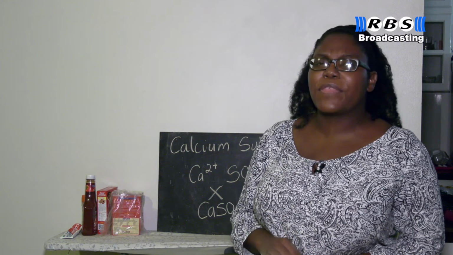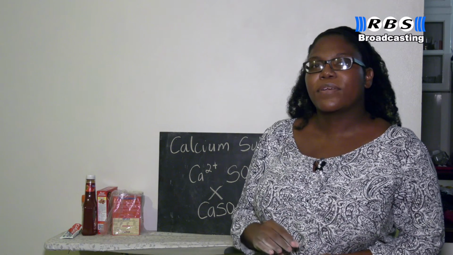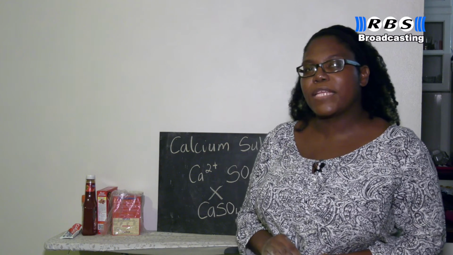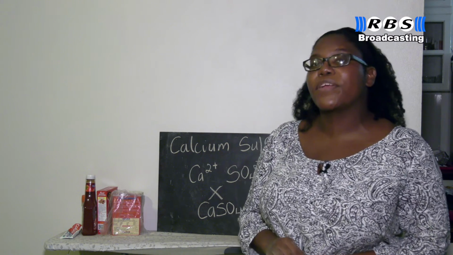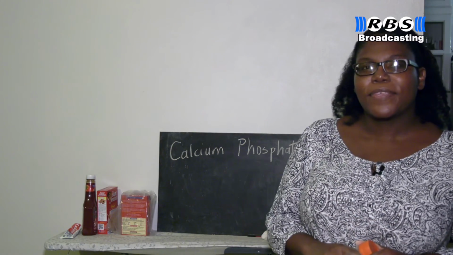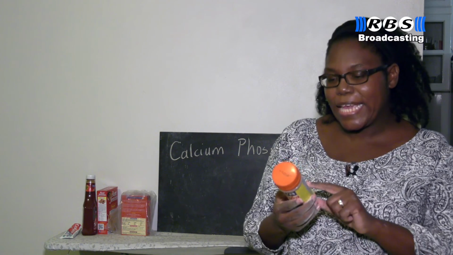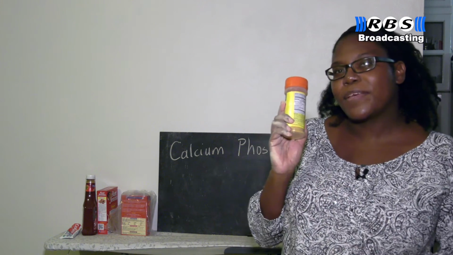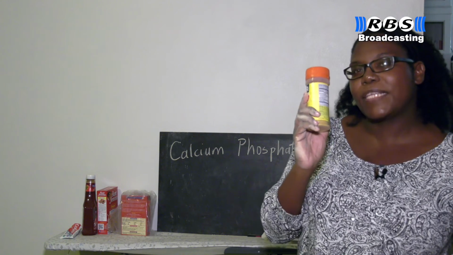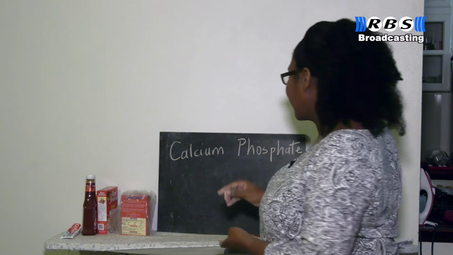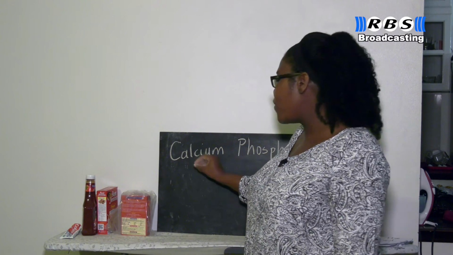Let's take another look at writing a chemical formula that has polyatomic ions receiving a number greater than 1. Here's calcium phosphate. Calcium phosphate is found as an anti-caking agent in some powdered substances around your home. Let's write its chemical formula.